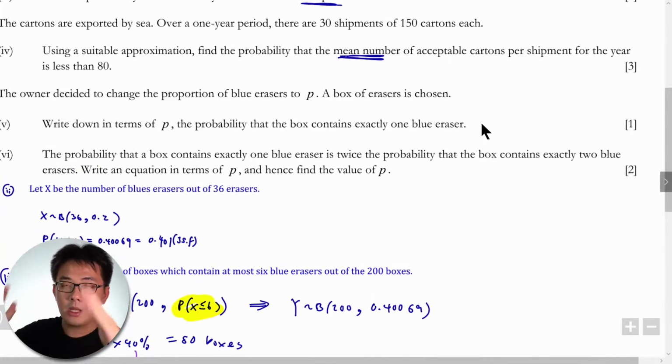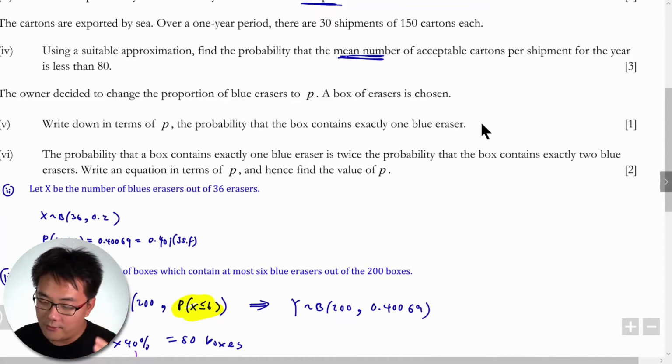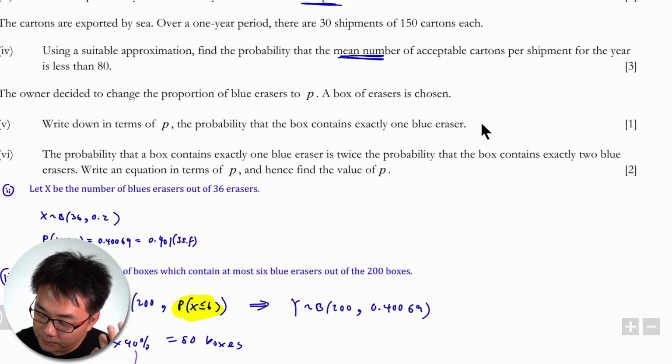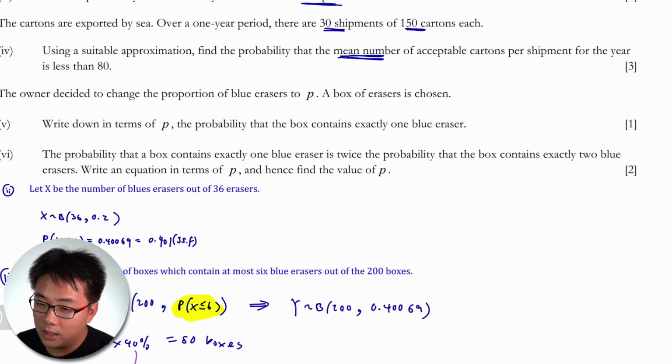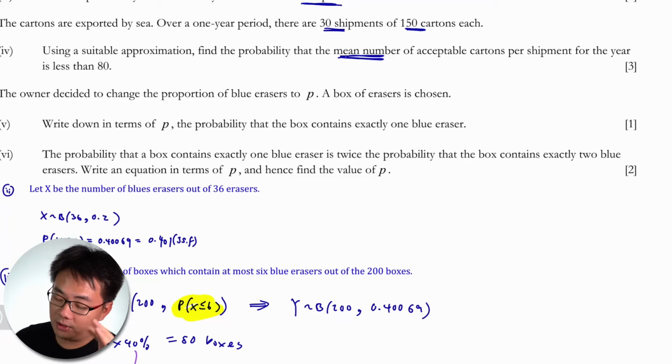Okay, so acceptable or not acceptable. So you have 30 shipments of 150 cartons over one period of time. So one shipment is 150 cartons, and the chance is whether each is acceptable or not.